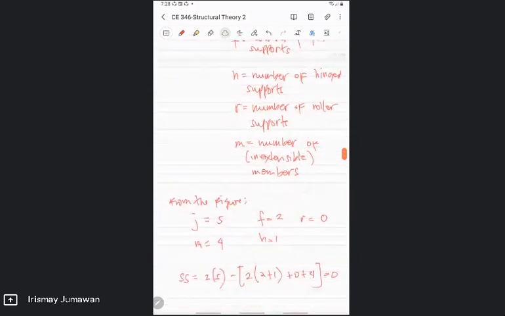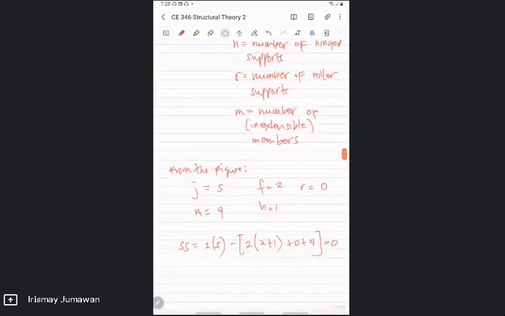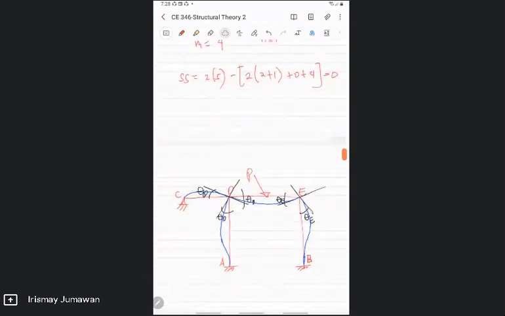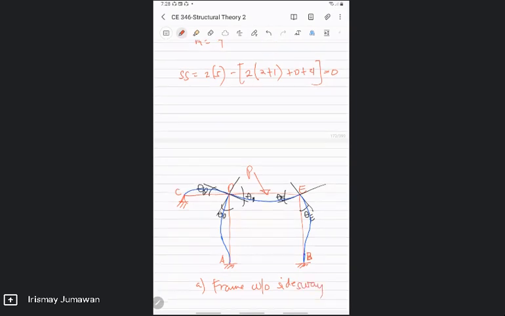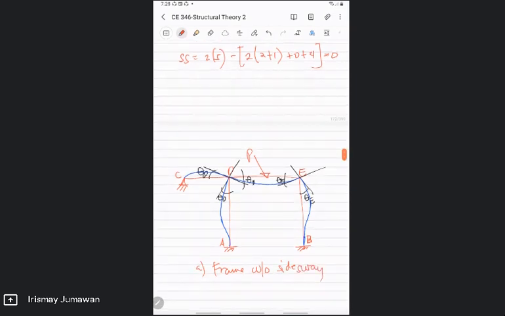Since your side sway degree of freedom is equal to 0, this frame can be analyzed without sway. So that is your analysis for that frame.